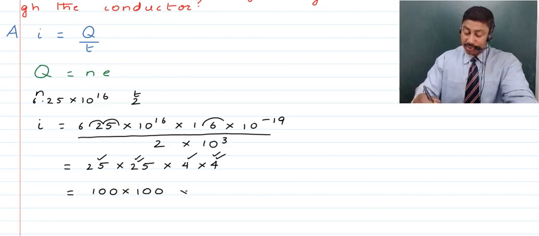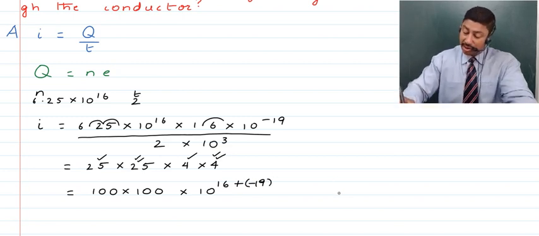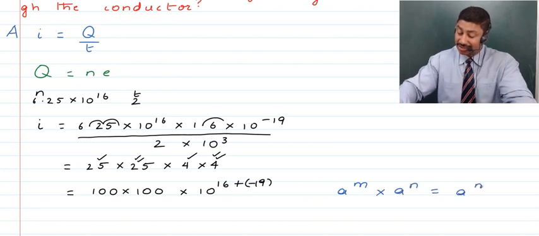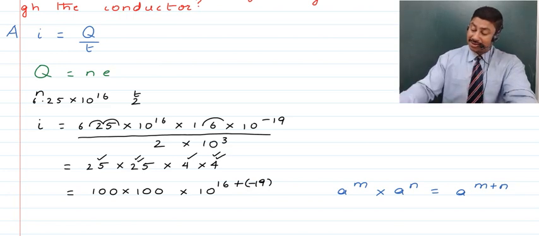And further we will now be checking out the powers of 10, which is 10 raised to the power 16, and to that is going to be added a minus 19, right? That is because when we talk about the formula a raised to the power m, when multiplied with a raised to the power n, by exponents, we have a raised to the power m plus n. So that is why, keeping the base to be the same, the powers are going to get added.